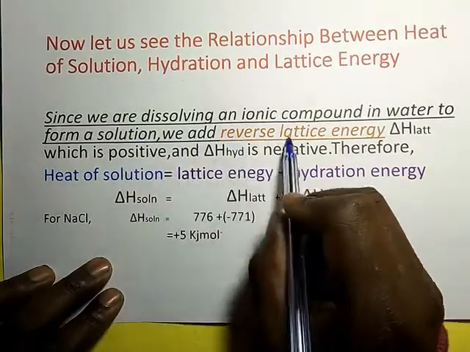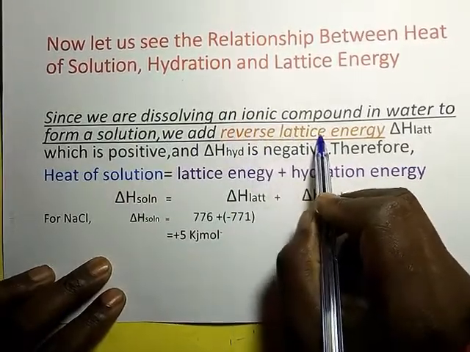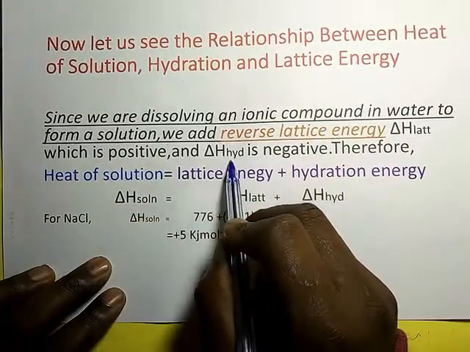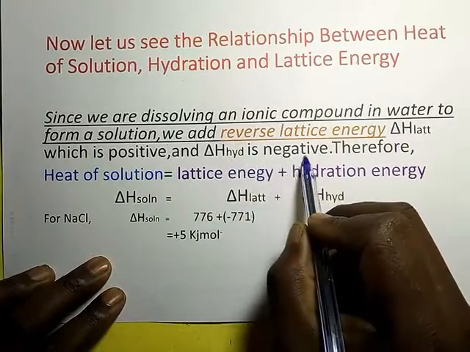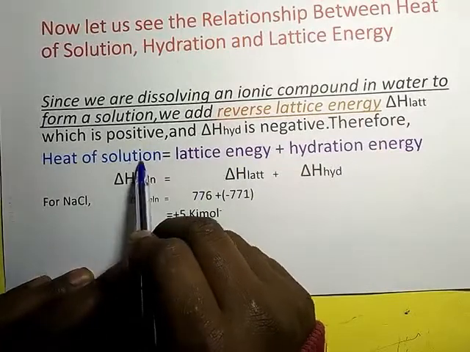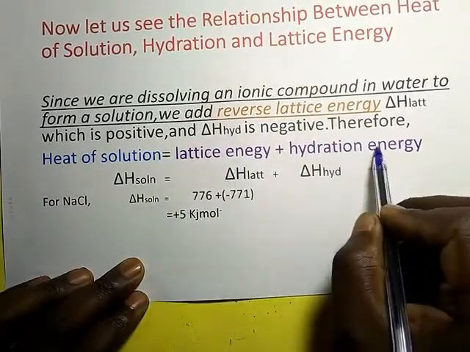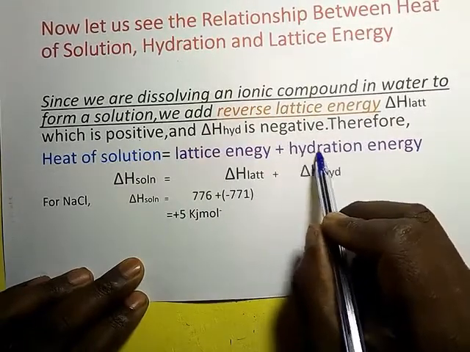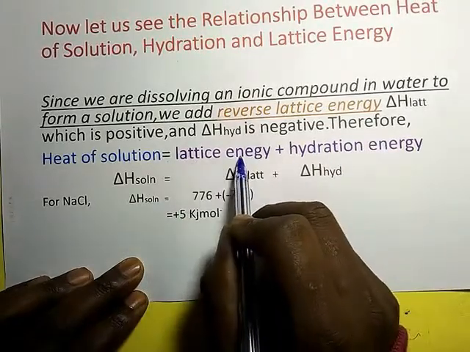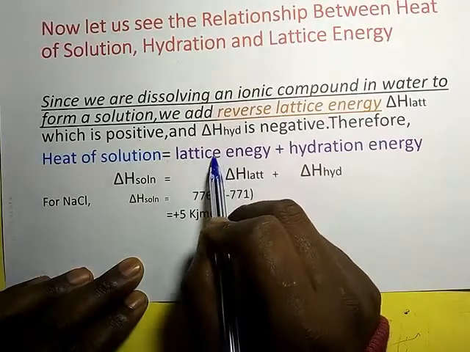We add reverse lattice energy, which is bond breaking, positive, and hydration energy, which is negative. Therefore, the relationship between the three is that heat of solution is equal to reverse lattice energy plus hydration energy. But always remember, hydration energy is negative, the reaction is exothermic, and the lattice energy used here, which is bond breaking, is endothermic, positive.